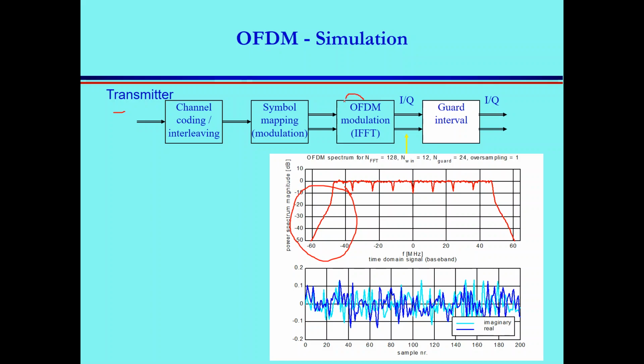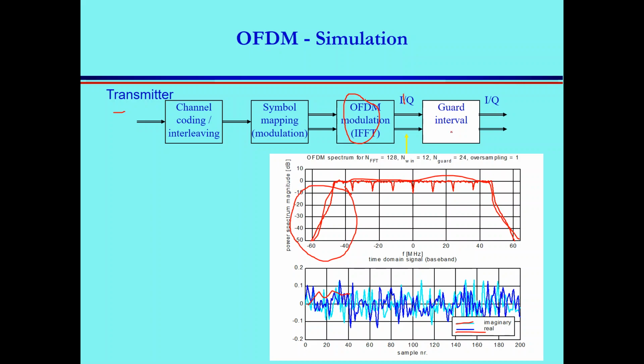After the IFFT process, the magic I showed you before, the output here is this signal. In frequency domain, this is what you see in the spectrum analyzer. And in time domain, this is what you see. This is the real part, and this is the imaginary part. And then you add the guard interval. What are I and Q?